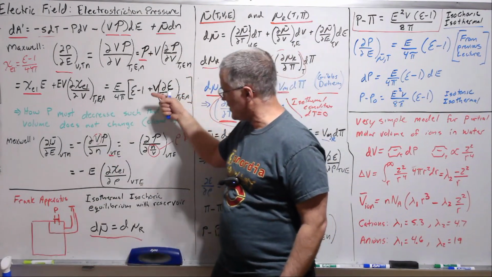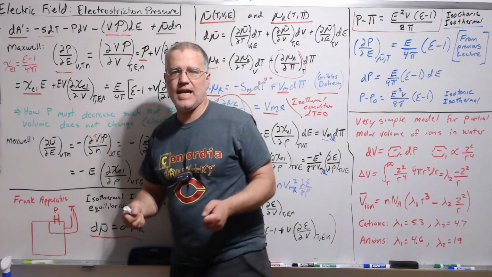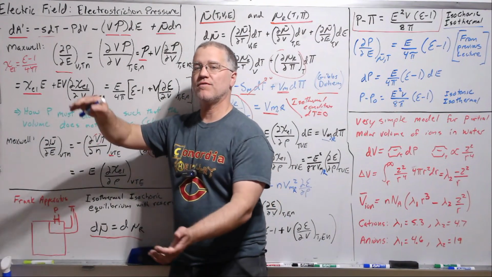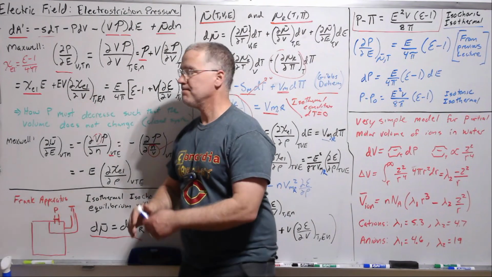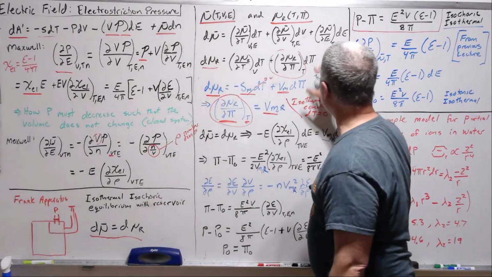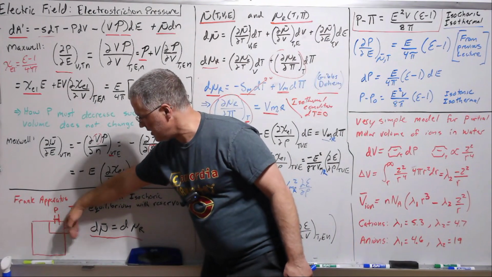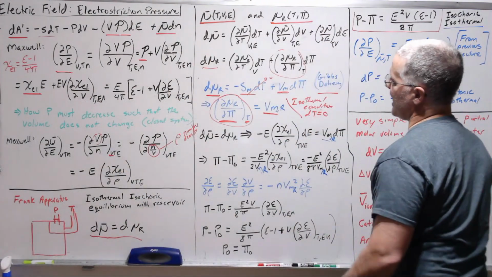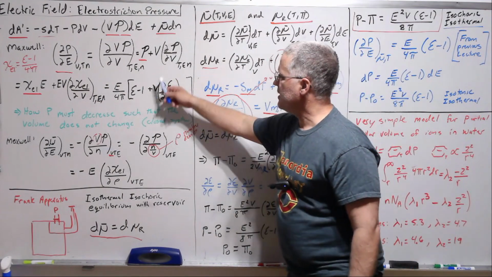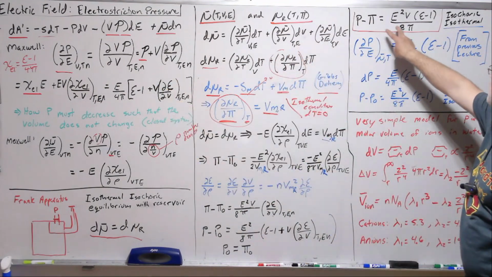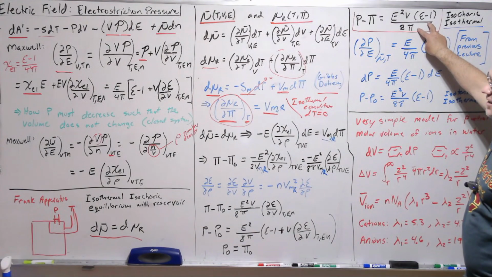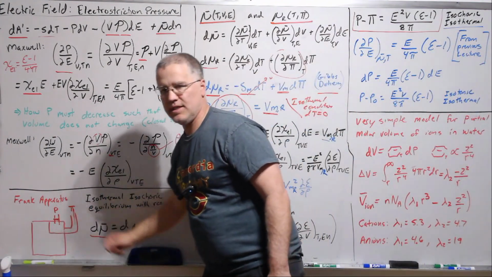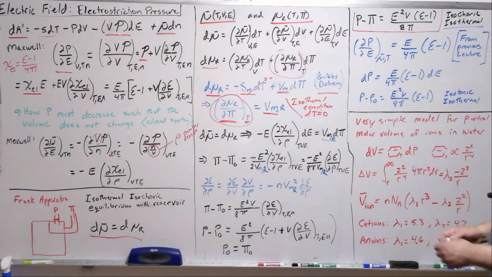So this is what wants to suck in more material, but it can't. So we talked about having to relieve that pressure in order for that volume to expand. Here, now we're looking at opening this system so that we can let fluid in if it needs to, and it exactly accounts for this. And so the pressure difference is just that difference due to the development of the field in the material.